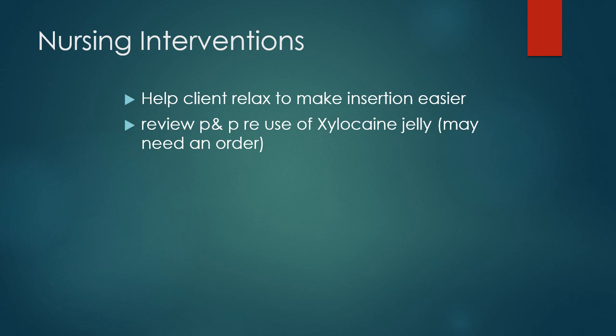The use of xylocaine jelly as a lubricating jelly is often used, and not always, but it is often used in some hospitals, so we could check the policy and procedure of the hospital that you are working in. As well, sometimes you can just spray some xylocaine into the back of the person's throat, or into the nasal passages as well. That often can help.